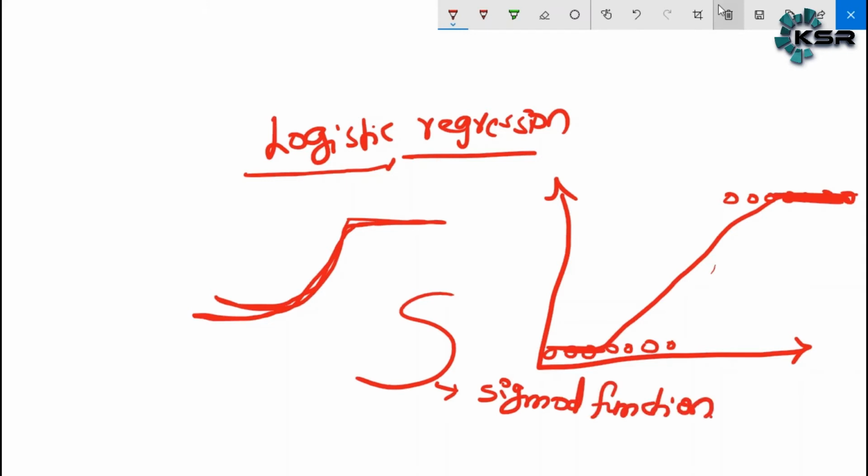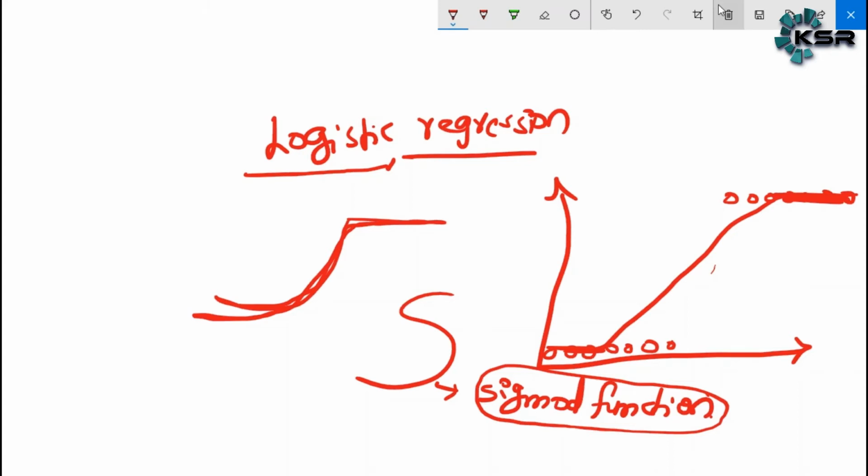S means sigmoid function. Based on this sigmoid function, the activation function we are going to use, the logistic regression is based on the sigmoid function only, going by the S shape. Sigmoid function or curve, both are the same.